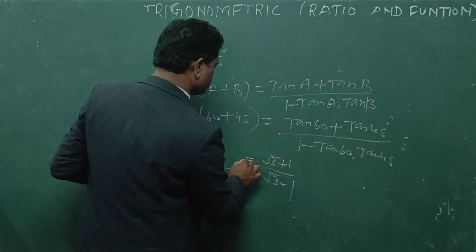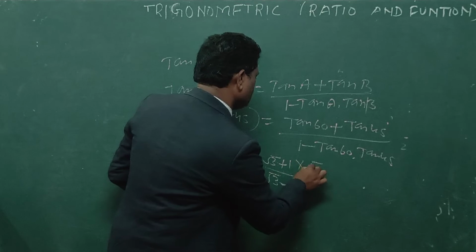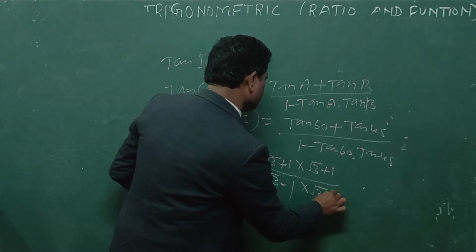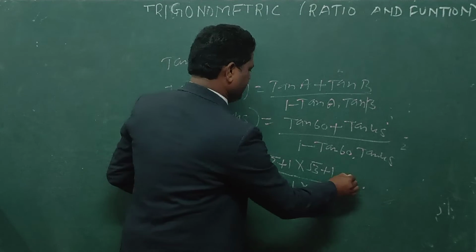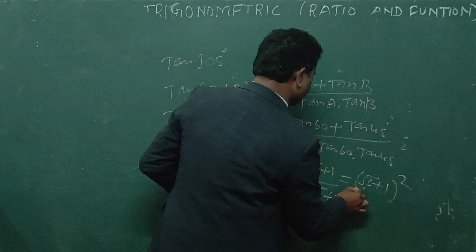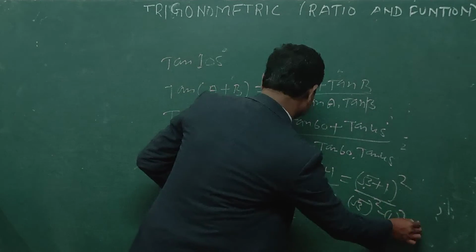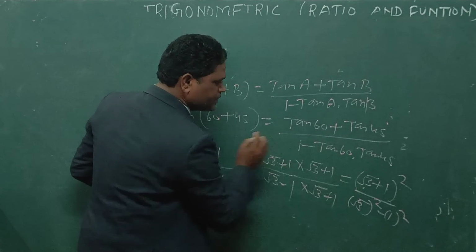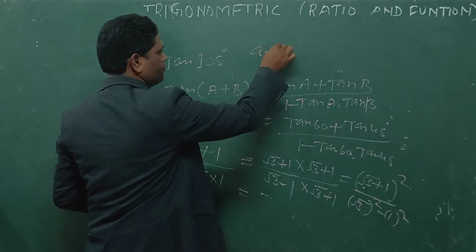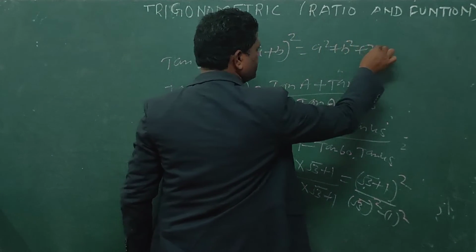Rationalize here. Multiply by root 3 plus 1 by root 3 plus 1. Then we get root 3 plus 1 the whole square by root 3 whole square minus 1 whole square. A plus B whole square means A square plus B square plus 2AB.